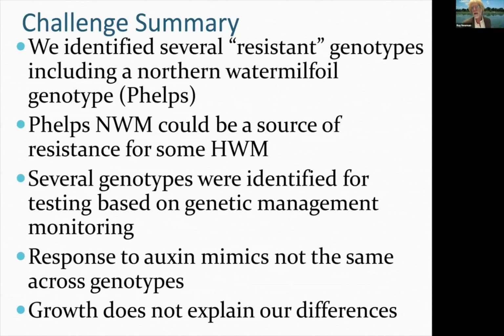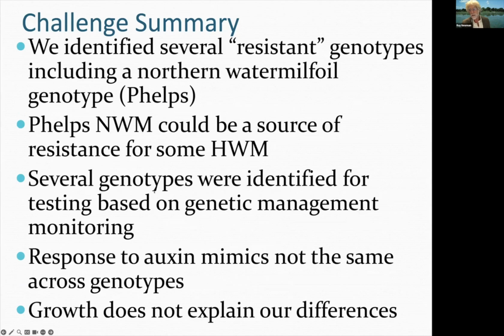So we've identified several resistant genotypes, including the northern water milfoil genotype from Phelps Bay. And actually, this could be a source of resistance for some of the hybrid water milfoil. So it could be a progeny of crossing with Phelps northern water milfoil or related northern water milfoils.